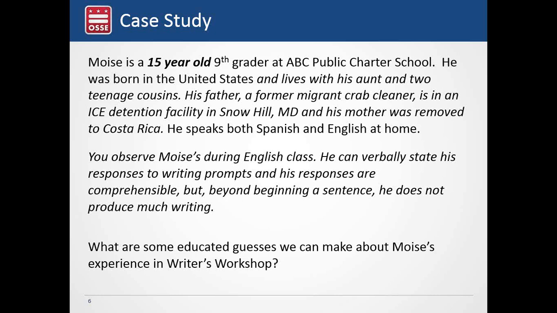Some important details are called out in bold text and in italicized text to help you come up with your answer. Again, the question is, what are some educated guesses we can make about Moise's experience in Writer's Workshop? We'll take a moment to let you think. You can write your response in the question or chat box, and I'll be monitoring.